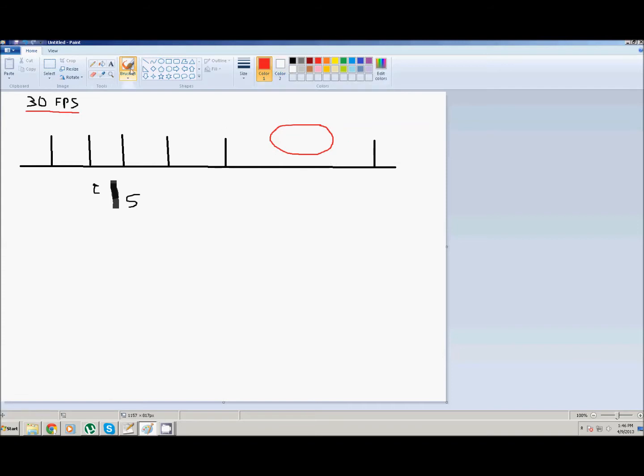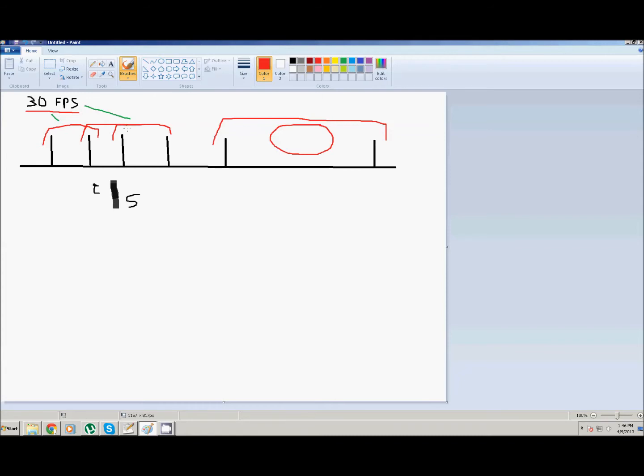Now let's break this line down even farther, right? So let's say we have this little bracket right here, this little bracket right here, and then this little bracket right here. Because we notice like your Fraps or whatever you use updates faster than 1 second, right? So this is 30 frames per second. This is 30 frames per second. And then let's make another one real quick.